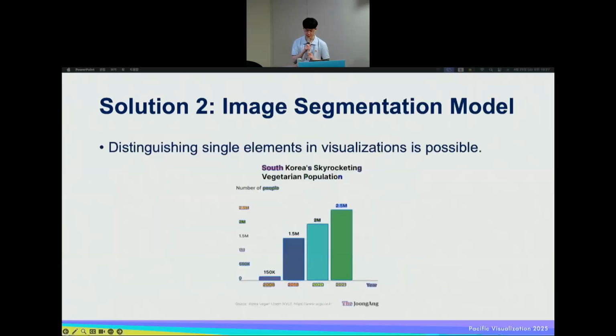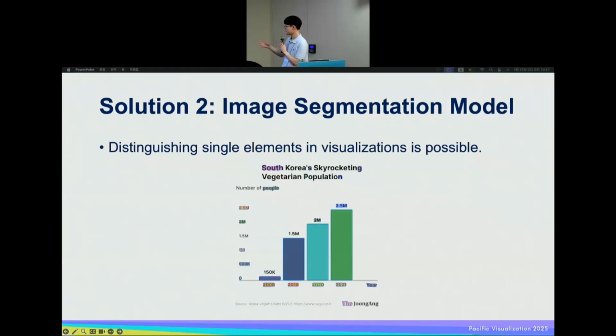And the second model is image segmentation models, where we can apply such models to distinguish single elements inside visualizations without any other information than the bitmap image itself. You might be familiar with the image you just saw about 2 minutes ago.